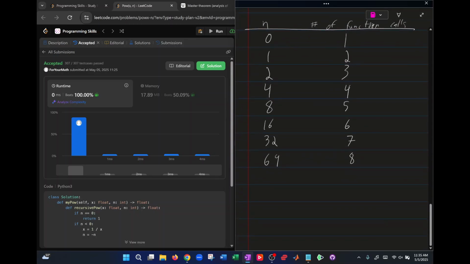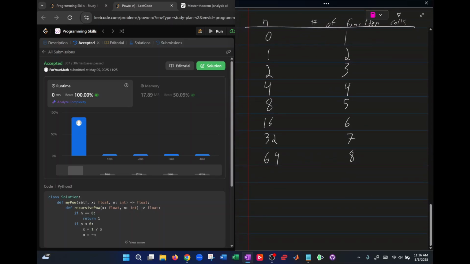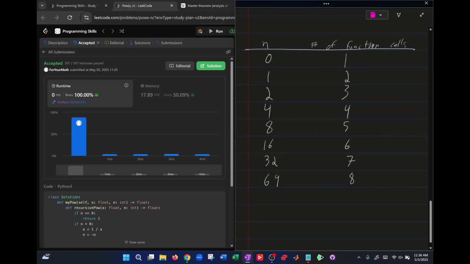So what we have is that if we call this m, then this is going to be 2 to the power of m minus something.